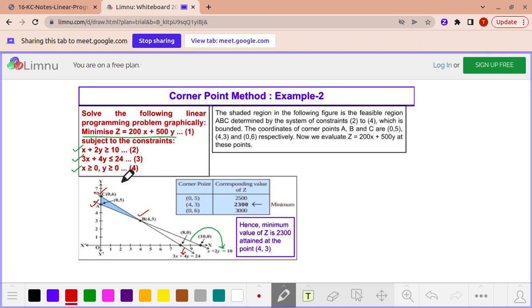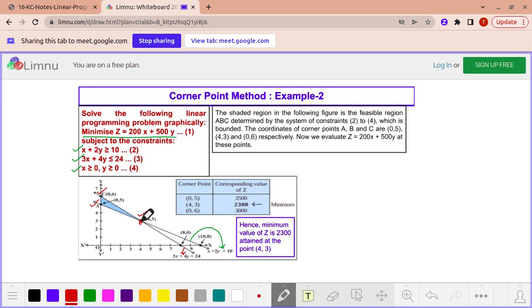The corresponding equation is x plus 2y equal to 10, and there we apply x equal to 0 and we get y equal to 5, so 0, 5. Similarly, we find the coordinates of the point B by solving the equations x plus 2y equal to 10 and 3x plus 4y equal to 24, and we get the solution x equal to 4 and y equal to 3. So that is the coordinates of the point B.